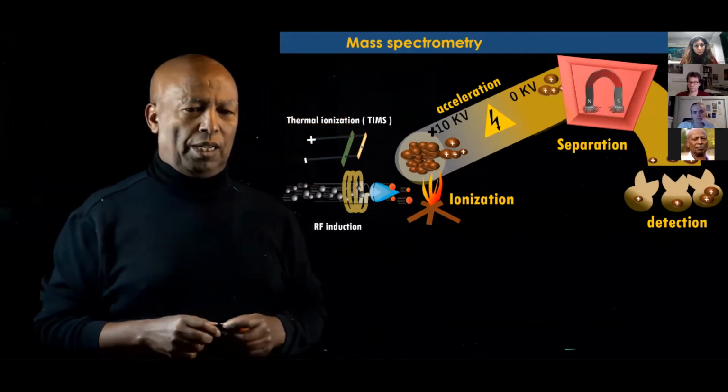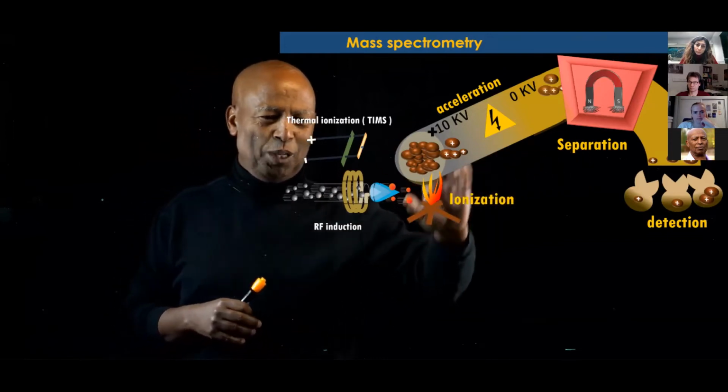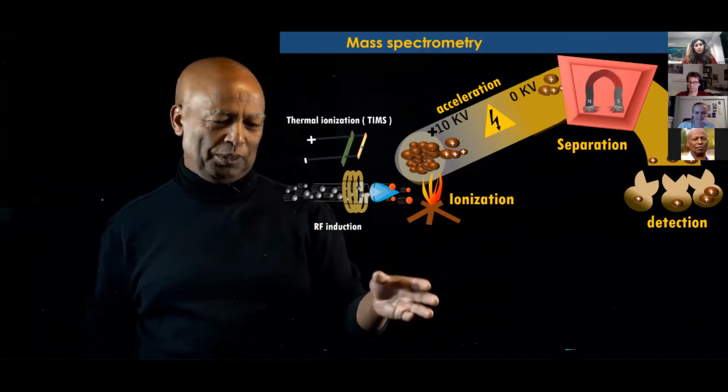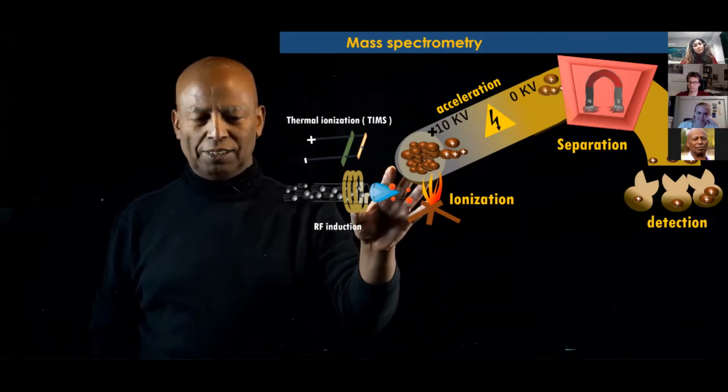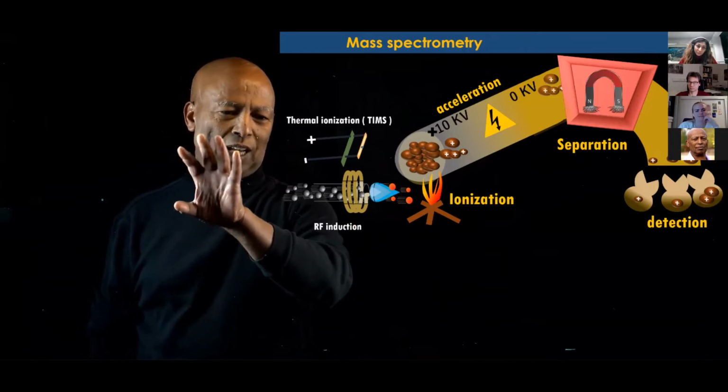So this is the simple schematic of how mass spectrometry works, for those of you who are not isotope geochemists. The idea of mass spectrometry is, first of all, you do chemistry. The chemistry part is separating the element of interest.